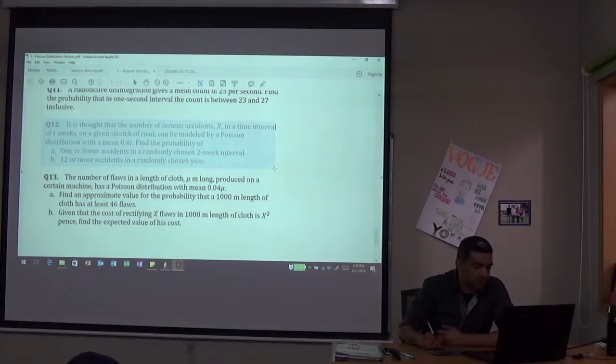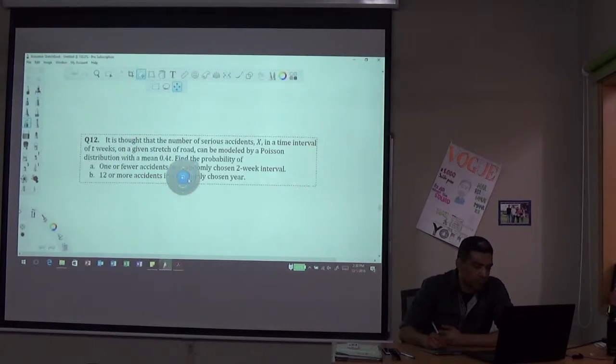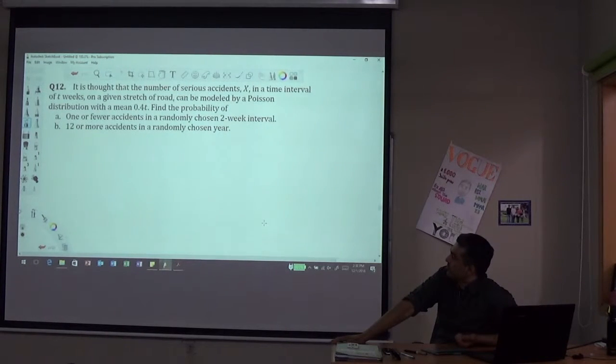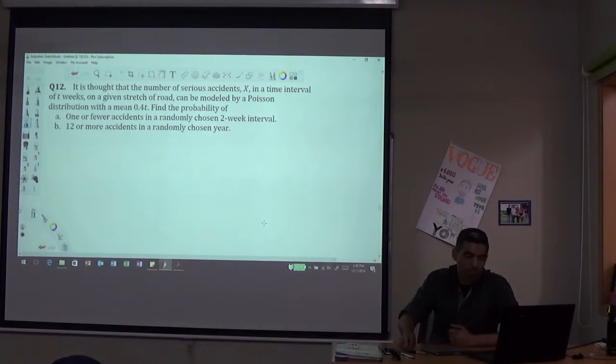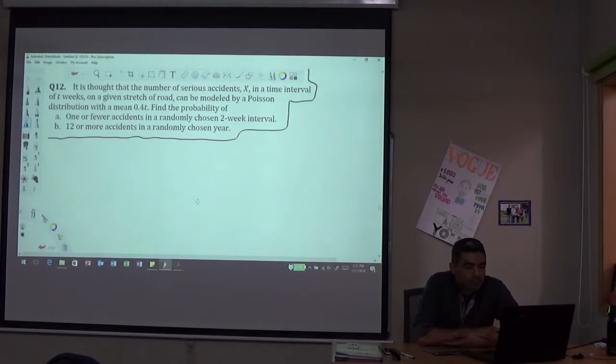Okay, second last question. So x is a random variable here, which is the number of accidents in a time interval of t weeks, and can be modeled by a Poisson distribution with mean 0.40.